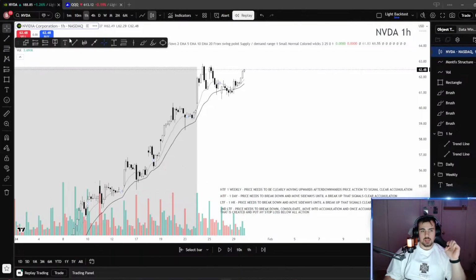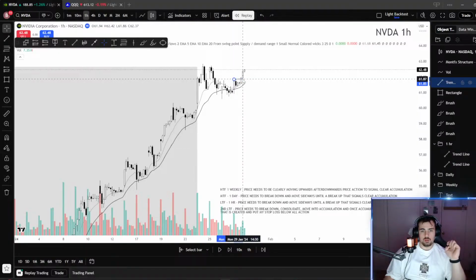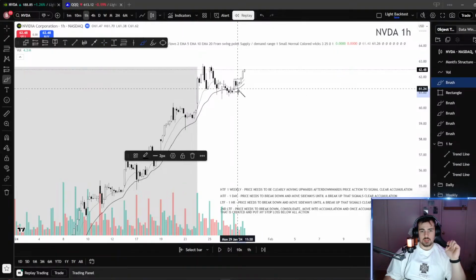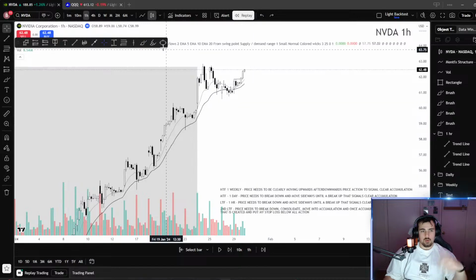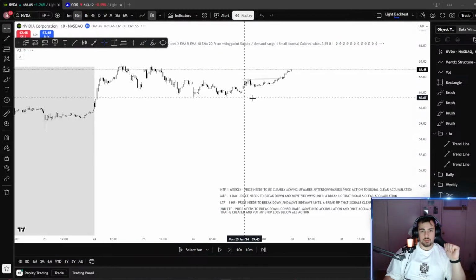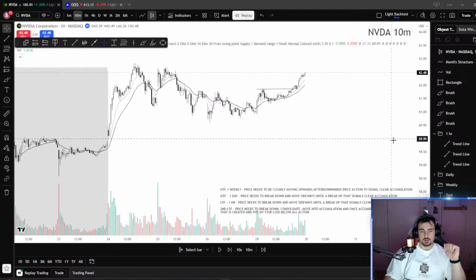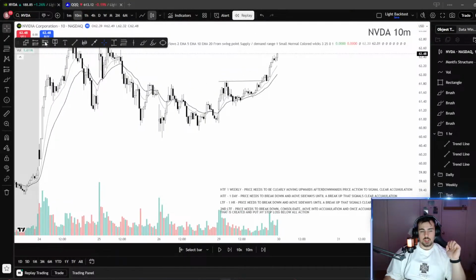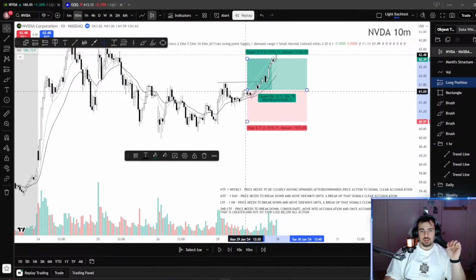So here was actually an area where we could have been able to drop down and potentially found entries inside this pullback right there. Now we missed it, so I'm not going to go back and pretend I didn't miss it. We did miss it, which is fine. But the entry would have looked something like this.